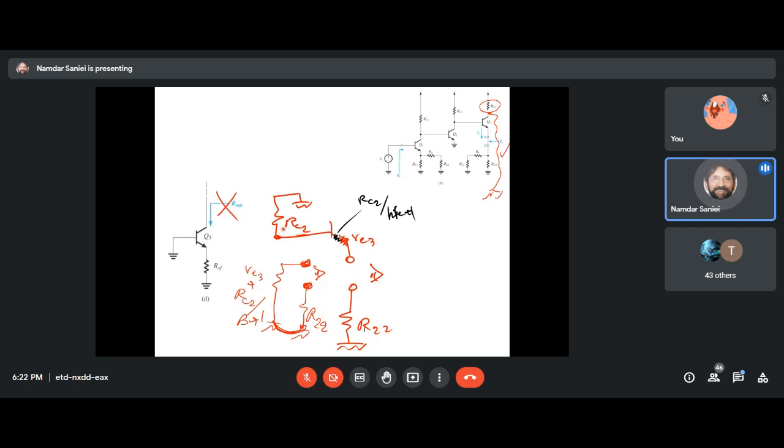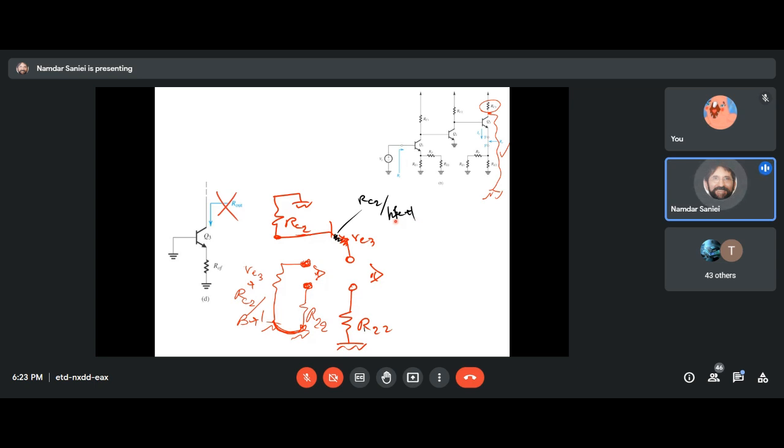Looking up is a little tricky, again, because it's RC2 practically, RC2 parallel with this little RO. We call it little RO, but it is really big in value, in magnitude, right? So the parallel of the two is almost RC2. So RC2 remains in series with the base of the transistor. When we transfer to the emitter side, we get it divided by beta plus 1.